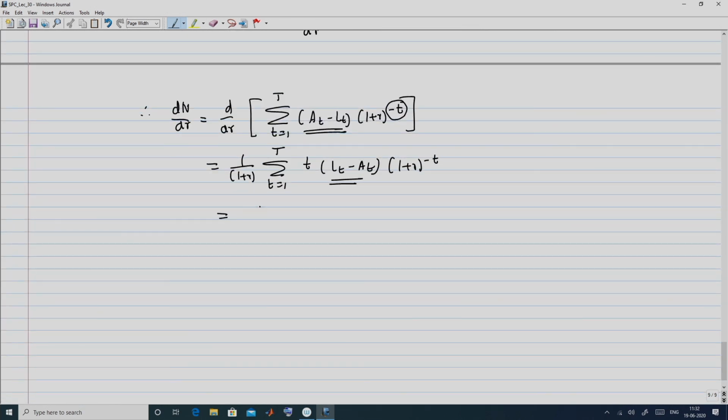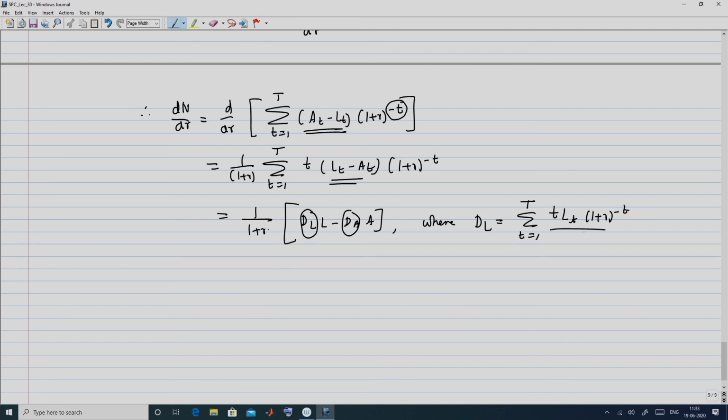If you observe carefully, you keep 1 over (1 plus r) outside, and this summation is nothing but D_L of L minus D_A of A, where, as you would have guessed, D_L and D_A are the durations of L and A. So, D_L is going to be, by definition, the summation t equal to 1 to capital T of t into L_t into (1 plus r) raised to minus t, over L.